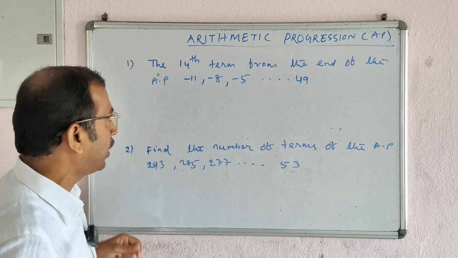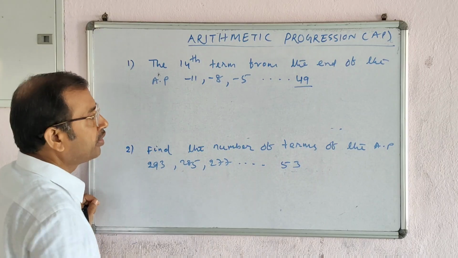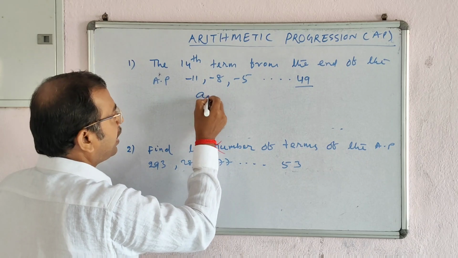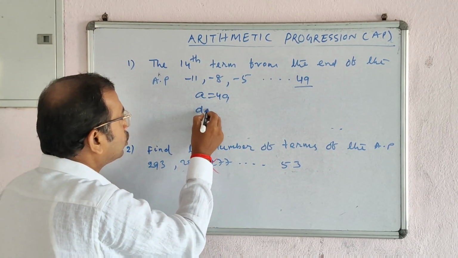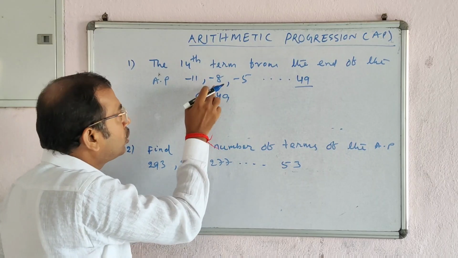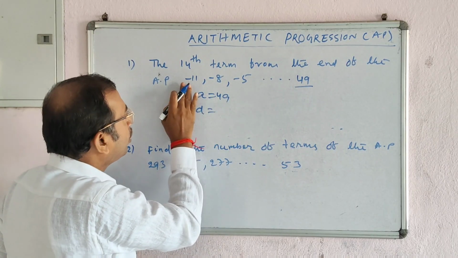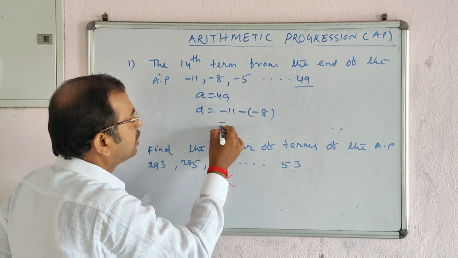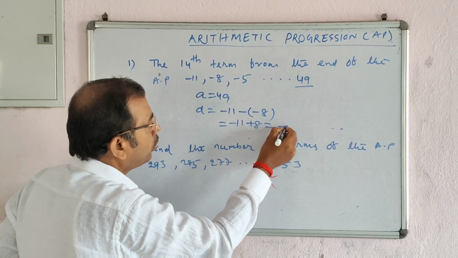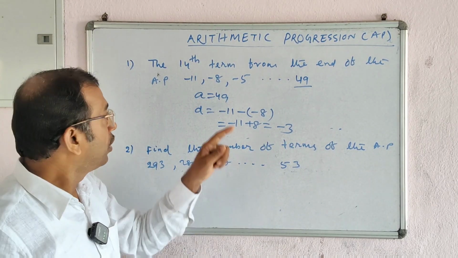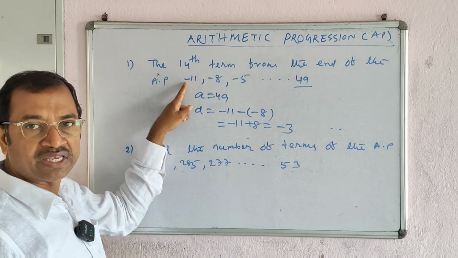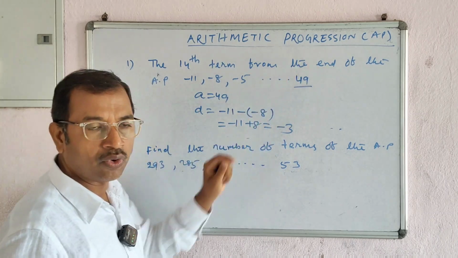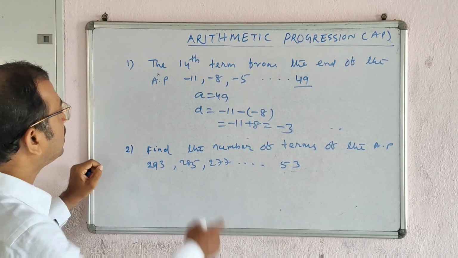First of all, the easiest way is: the last term is your first term, because we are starting from the end. So the first term a equals 49. So how do we find d? Normally if we go forward, it is second minus first; if we come in reverse, it is first minus second. So d is what? -11 minus -8. So -11 plus 8 equals -3. So remember, if going forward, d is second minus first, and from the end it is first minus second, like this. So here d is -3, then find the 14th term.